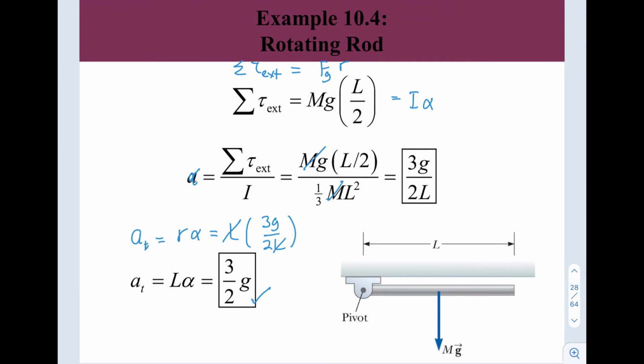The R is the length. So we can cancel out the L, and finally we will have 3 over 2 g. This is our AT and this is our alpha.